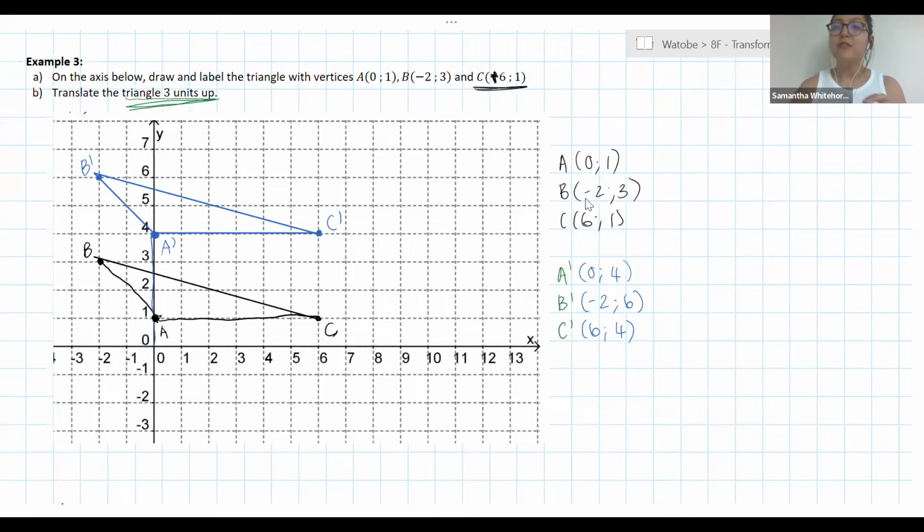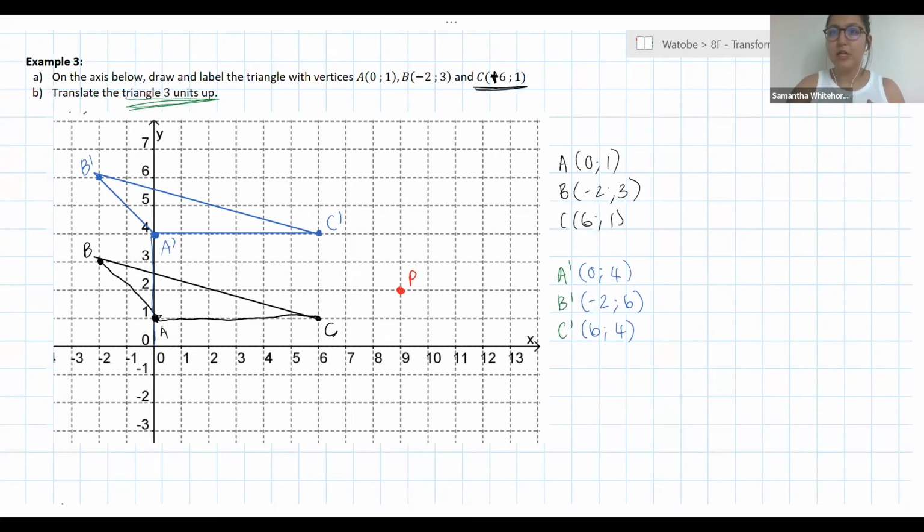However, if they only ask you for a specific coordinate, so let's say I had just given you 1 point, and I've said, here's the point P, move it 3 units up, then you can just write the coordinates down. Sometimes they'll ask you to draw it and write down the coordinates. So sometimes you might have to do both, but it depends on what the question asks you. Generally, though, you have to draw it. Thank you, ma'am. Pleasure.